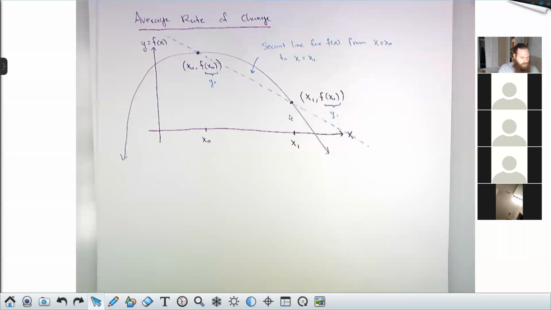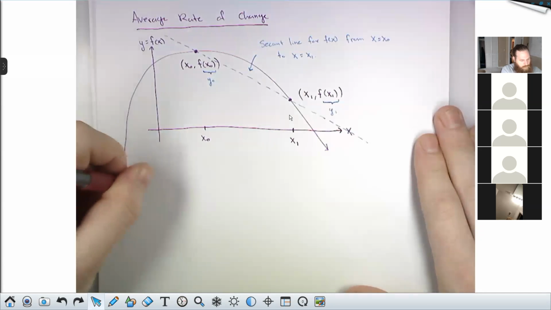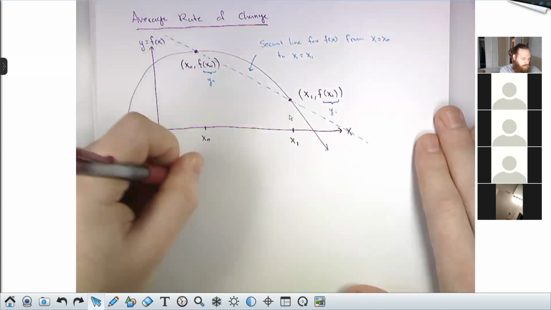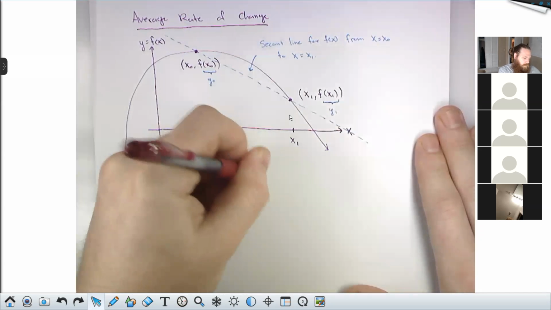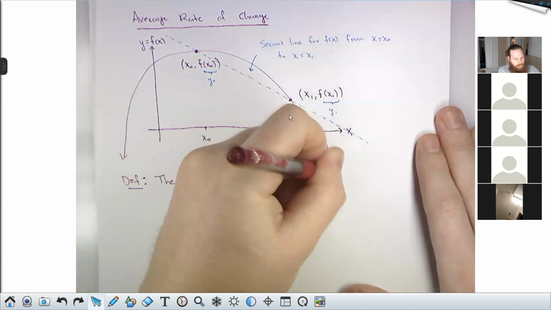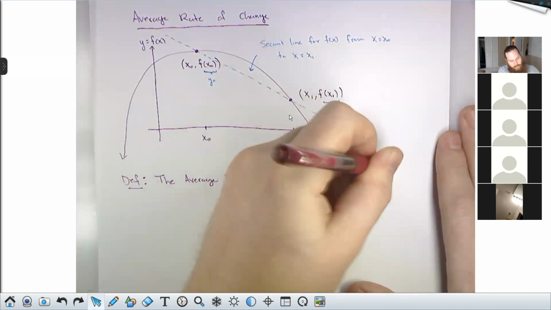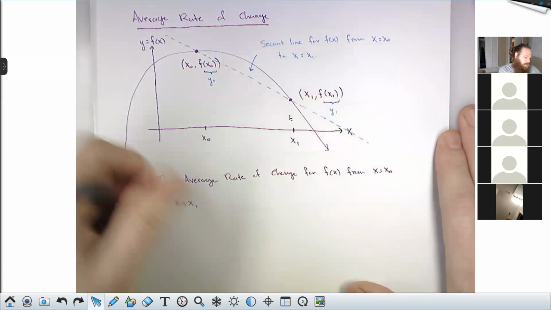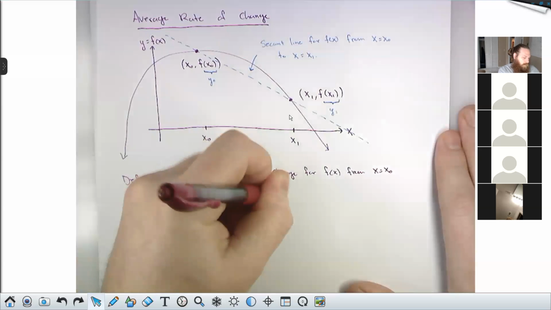And the definition of the average rate of change for f of x from x equals x0 to x equals x1 is the slope of the secant line.